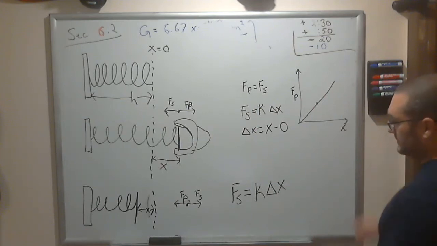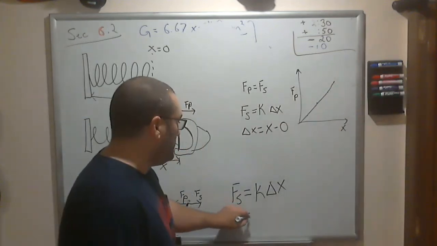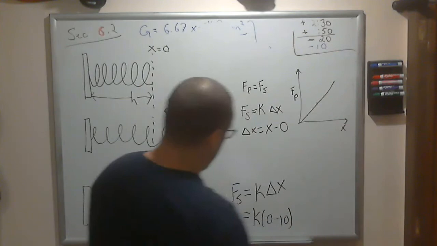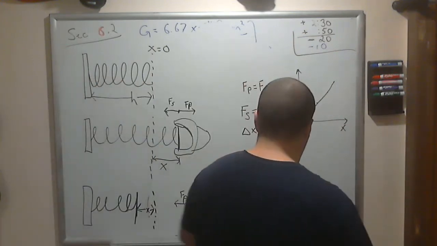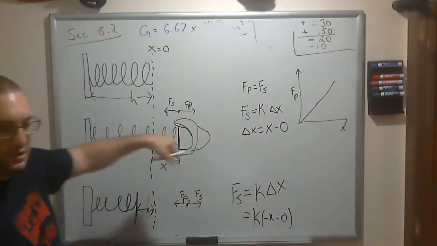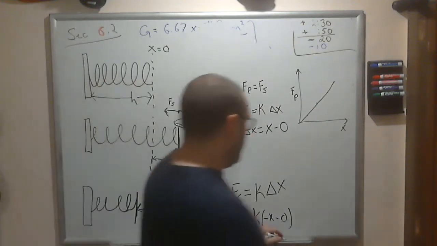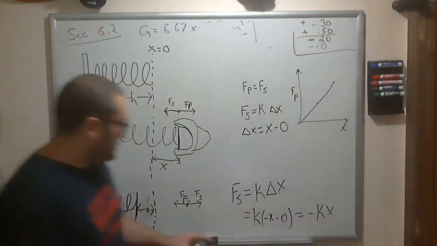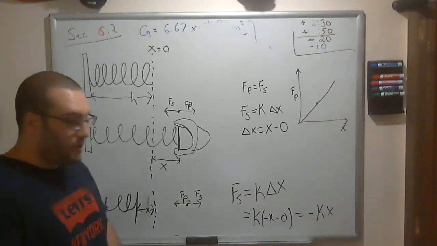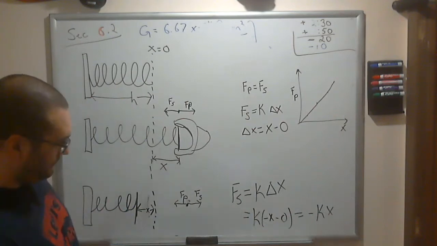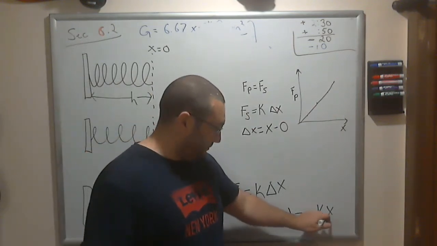And here, we have 0 and then minus x minus 0, because we're going in the other direction. We call this positive, so this way is negative. And then we end up getting a negative kx for this, right? And this is how the forces on the spring work. The more you compress it, the higher the force is, and it's linear with the distance that you compress it.